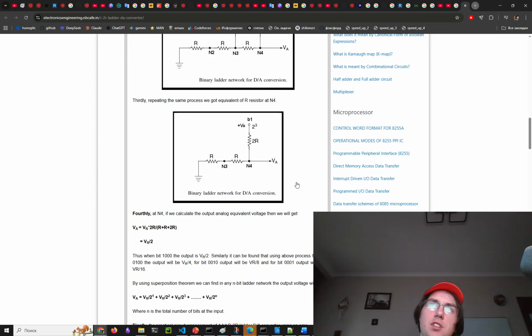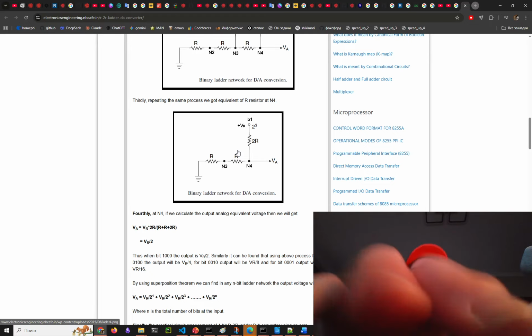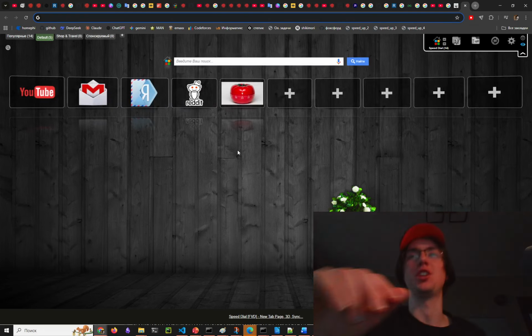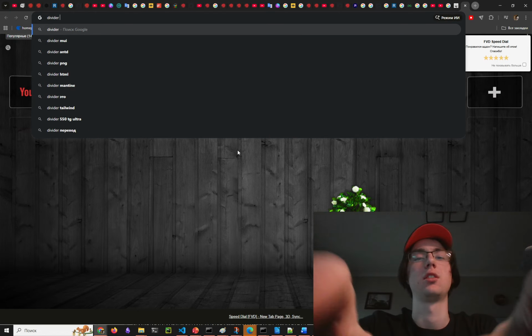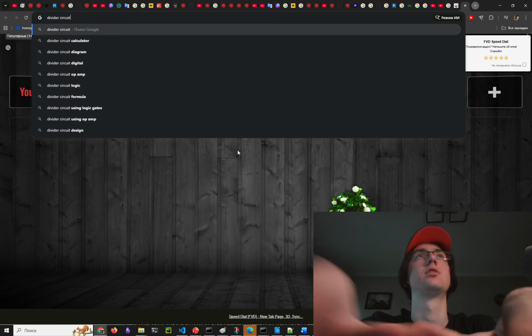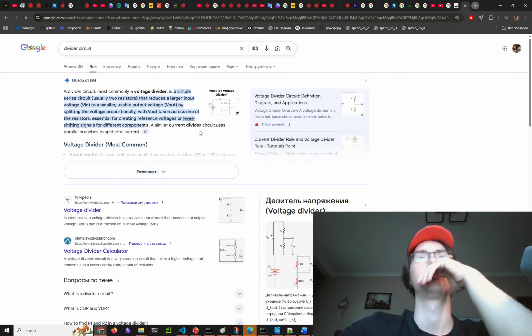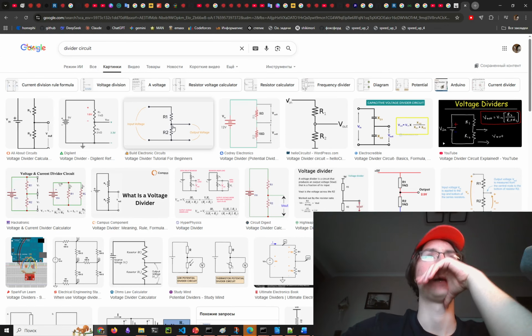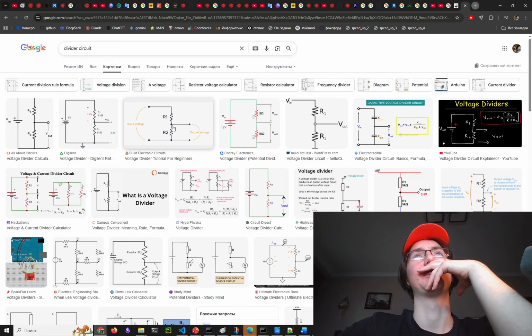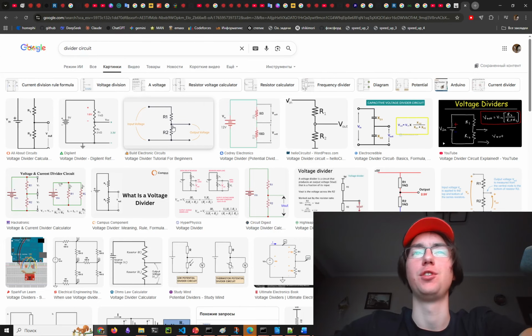Well, is it like a divider or something like that? Probably it's like a one moment. Just curious, I've heard of it. Divider circuit. Well, seems like a proper voltage divider.